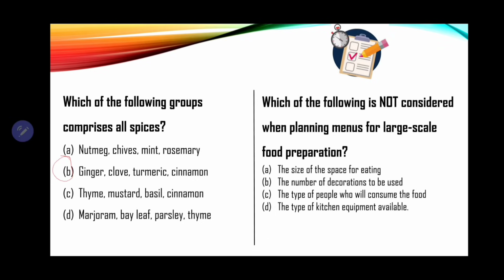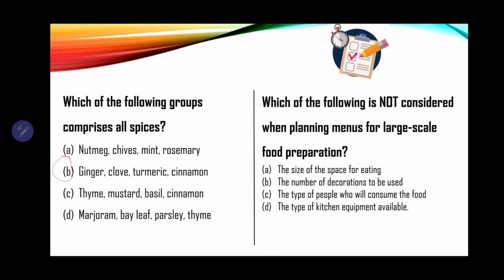Next question. Which of the following is not considered when planning menus for large scale food preparation? A, the size of the space for eating. B, the number of decorations to be used.